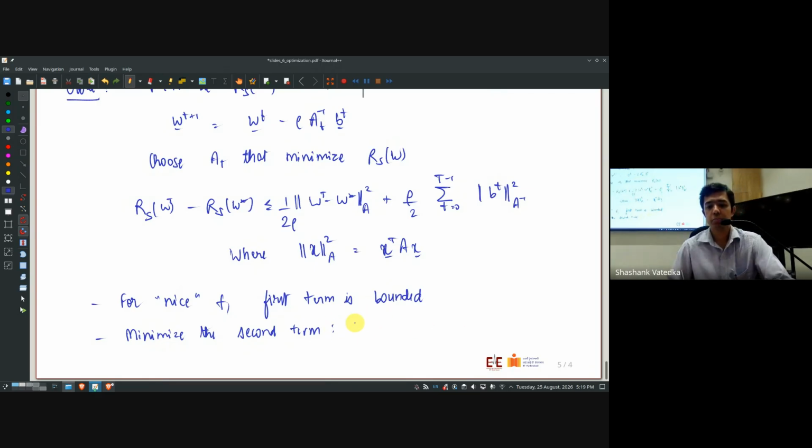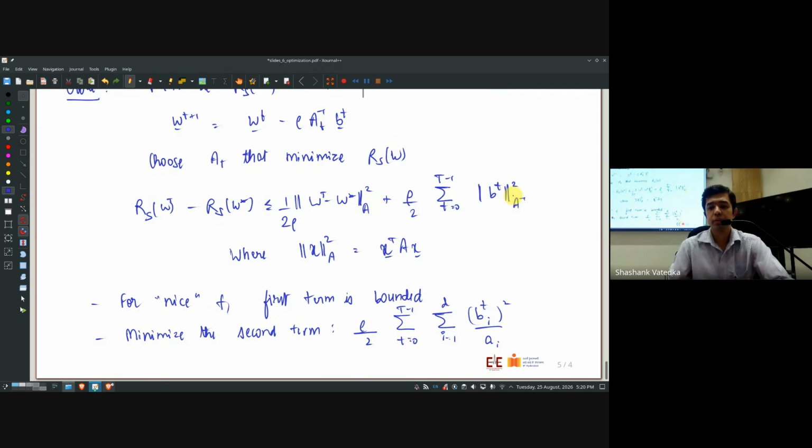So the second term, if you stare at it carefully, is rho by 2 times the summation over t equal to 0 up to t minus 1, of the summation over i equal to 1 to d of b_i,t square divided by a_i.